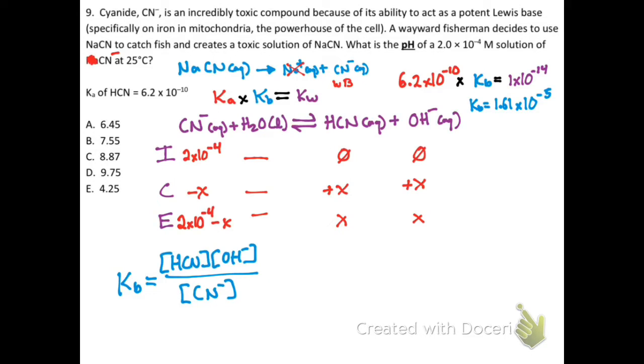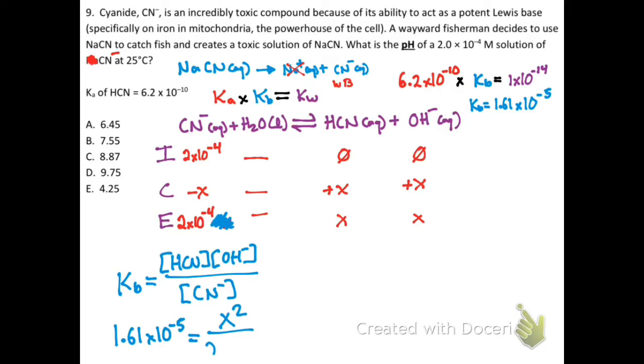So let's plug that into our equilibrium expression. 1.61 times 10 to the negative 5th is our Kb, and that's equal to x times x, which is x squared, over our, remember, because our K is on the order of 10 to the negative 5th or less, we can assume that this x here is negligible compared to the initial amount that we started with.